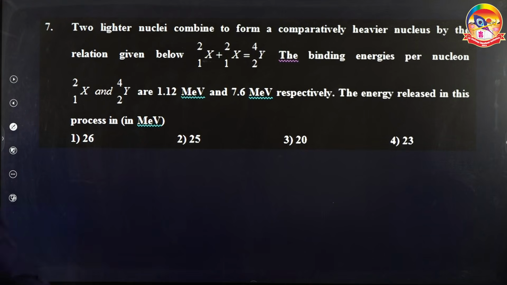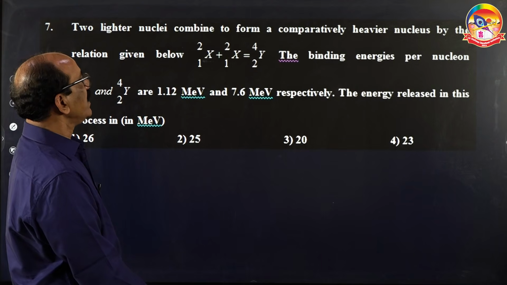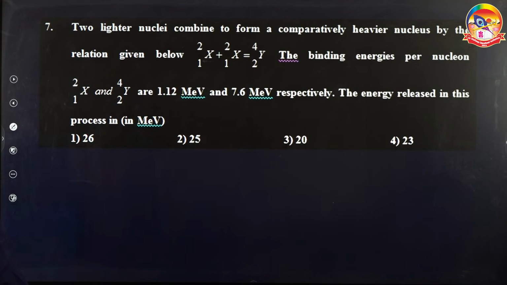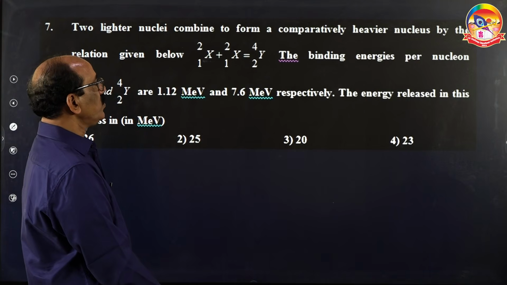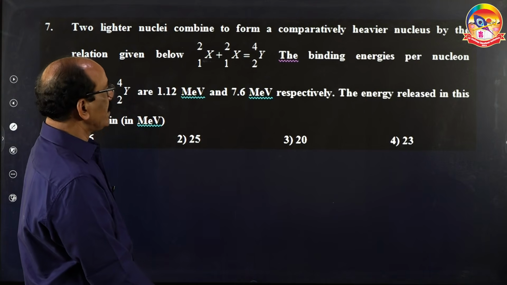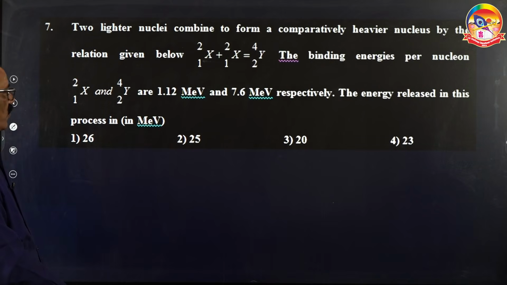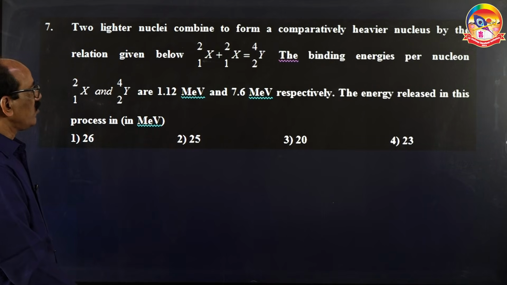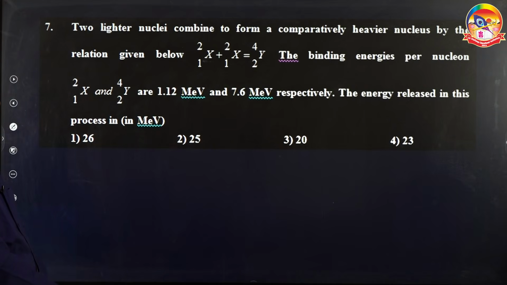Then let us now look at the next question. Two lighter nuclei combine to form a comparatively heavier nucleus by the relation given by X12 plus X12 gives rise to Y24. The binding energy per nucleon of X12 and Y24 is 1.12 million electron volt and 7.6 million electron volt respectively. What is the energy released?